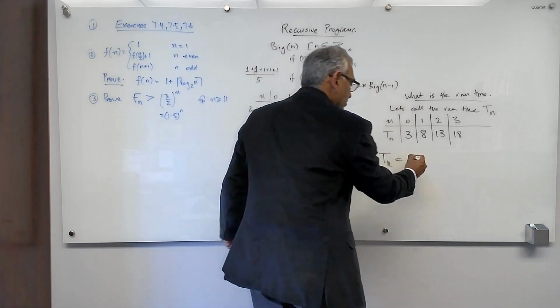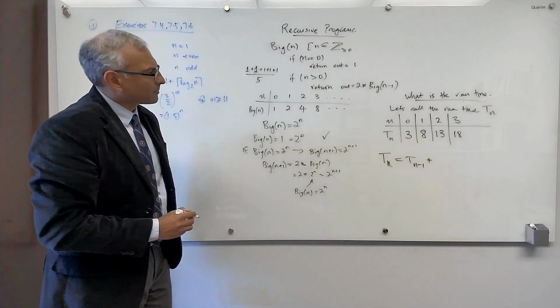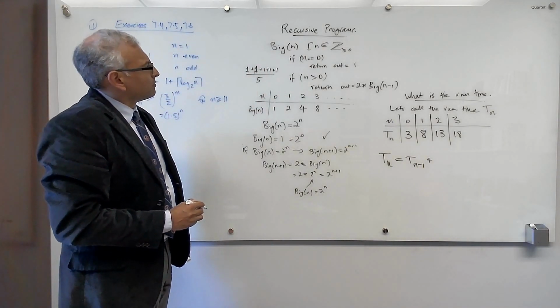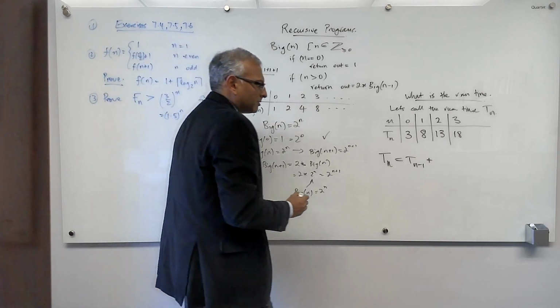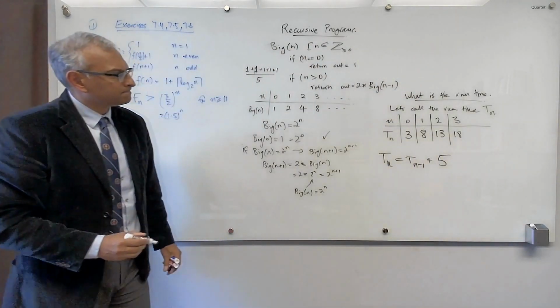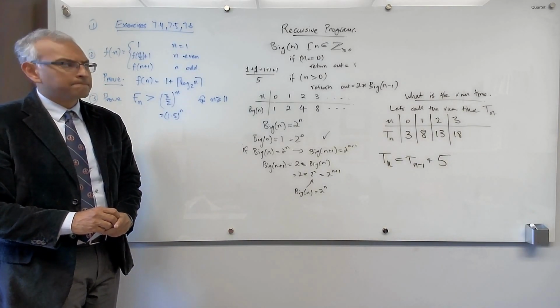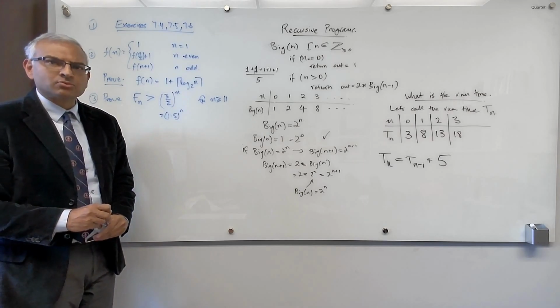So T(n) is going to equal T(n minus 1) plus 5.